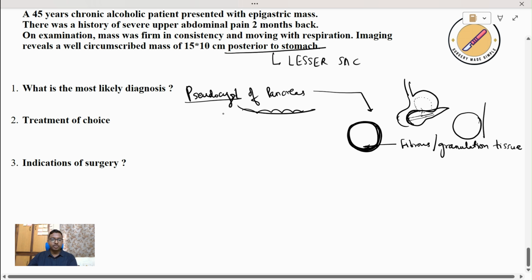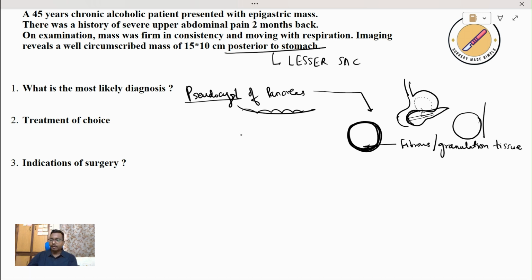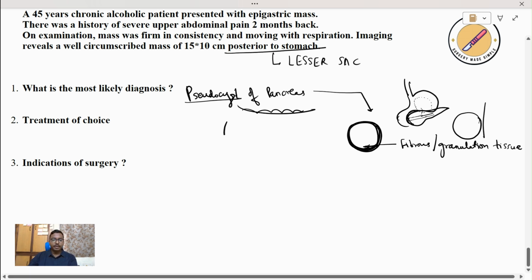As you can see in this picture, we are looking from the sideward direction. So this is the stomach we are having, the posterior wall of stomach, and this is the anterior wall of stomach, and posteriorly you have the cyst here. If it is present just in the head or body of the pancreas, we will anastomose this cyst cavity to the posterior wall of stomach like this by either laparotomy or endoscopy or laparoscopy.